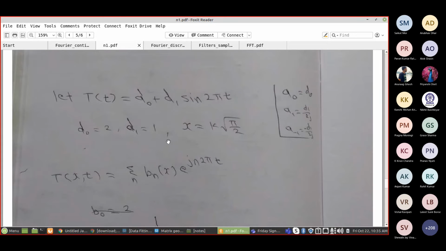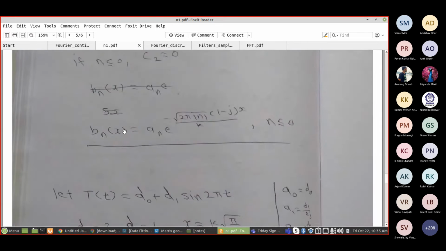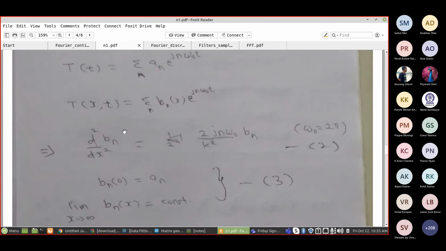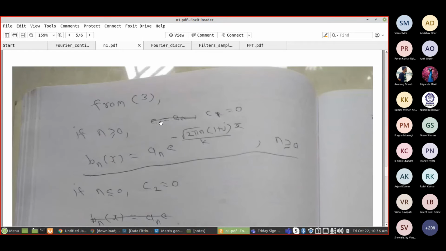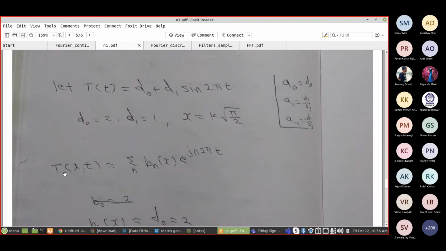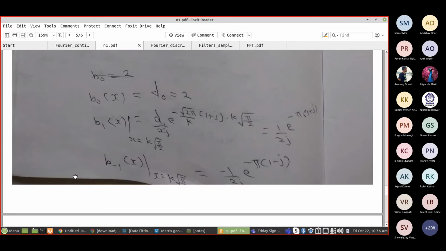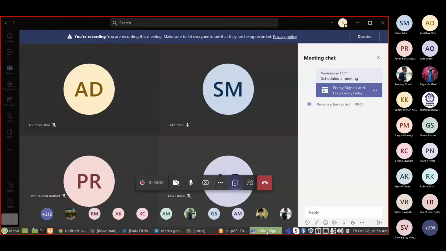I will upload this in the notes section, and you should be able to figure out how we are solving a specific case. To start with, the problem was given in complete generality. E was assumed to be periodic with some Fourier coefficients, and now some specific coefficients are given, and from that we need to figure out the temperature profile. So this is what I am doing here. Just go through this. I think you should be able to figure that out.